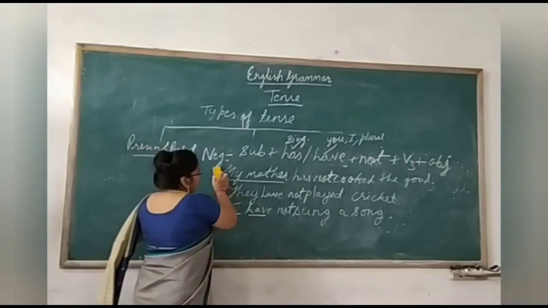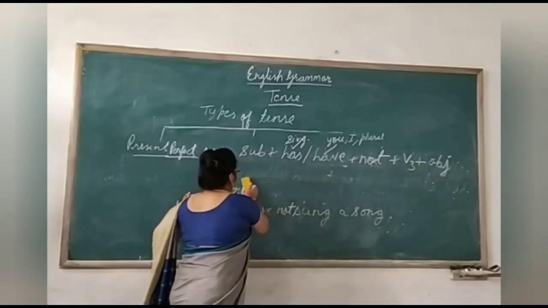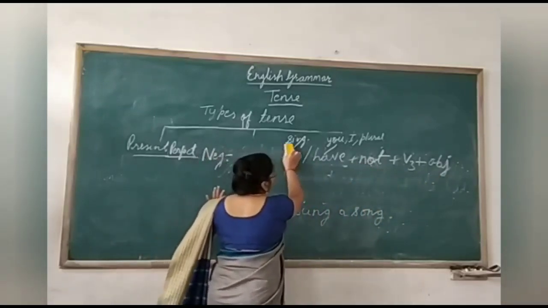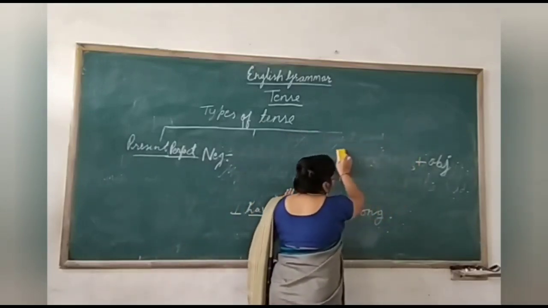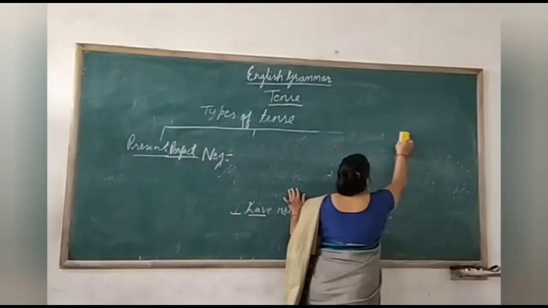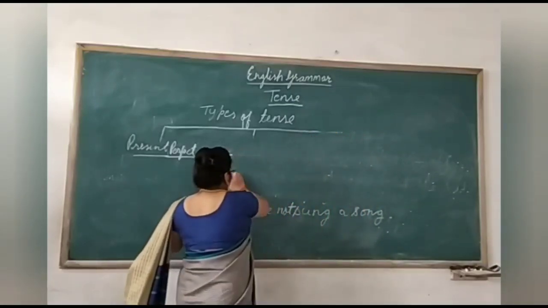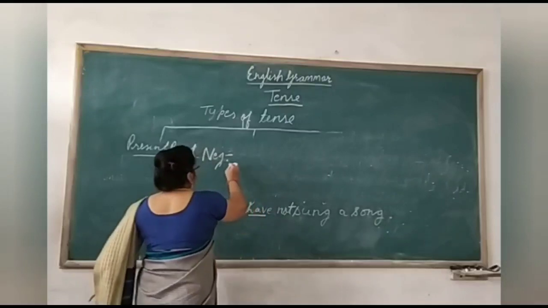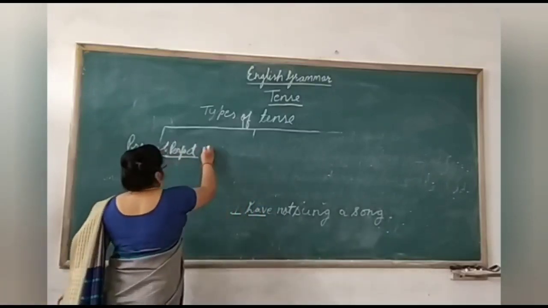Now we'll learn the interrogative structure of present perfect tense. It is also very easy, children. In the interrogative structure, what we do is we just write the helping verb in the beginning. So in this tense also, we'll write the helping verb in the beginning.